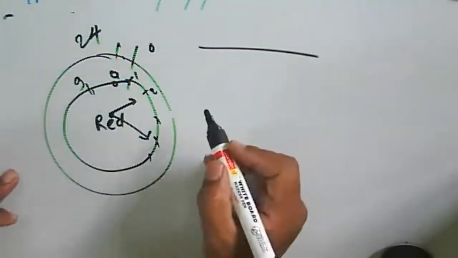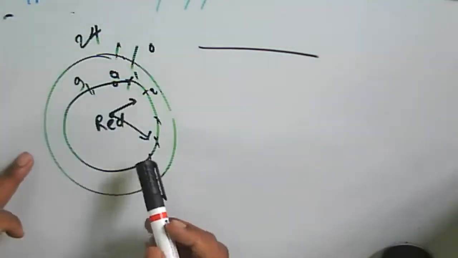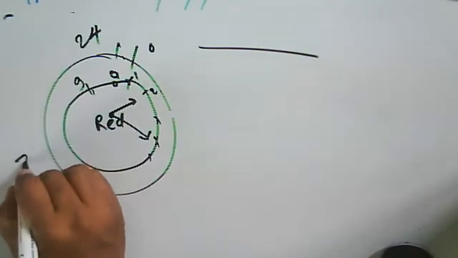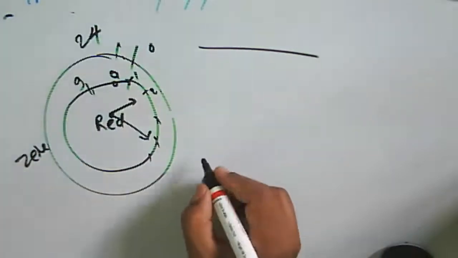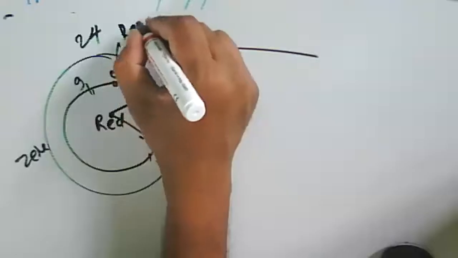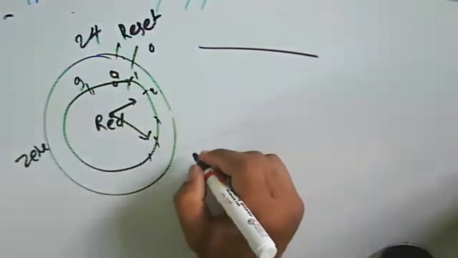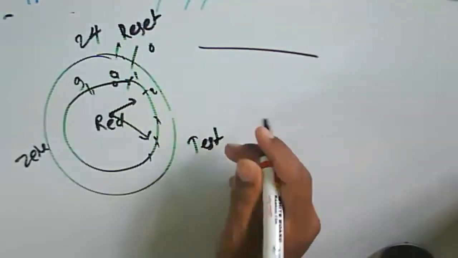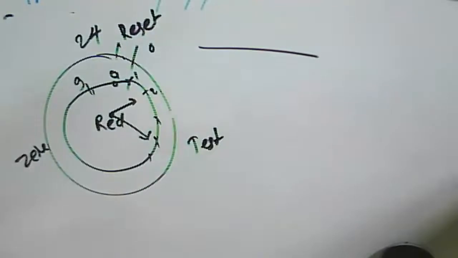The reference is where we get the zero difference, so zero is marked on this meter, then a reset is marked at this particular point, and then they can find out the phase difference. So that is about a test.